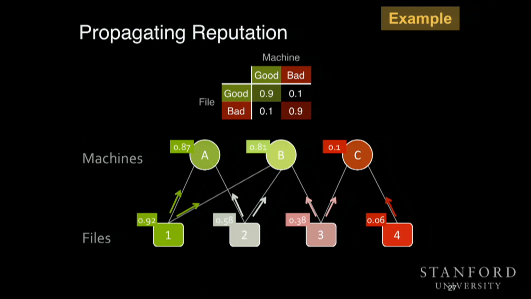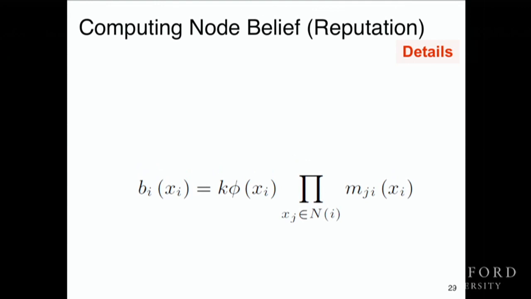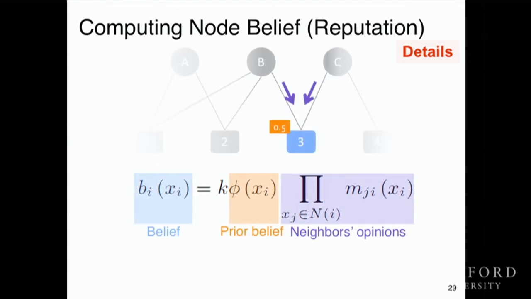In case you're really interested in the details of the algorithm, here are all the equations that you need to know to implement this really scalable algorithm. There are only 2 equations. Instead of going through them symbol by symbol, I'm going to show you what they really mean intuitively, by mapping them to the example that you already saw. One equation tells you how to compute the belief, or the reputation.